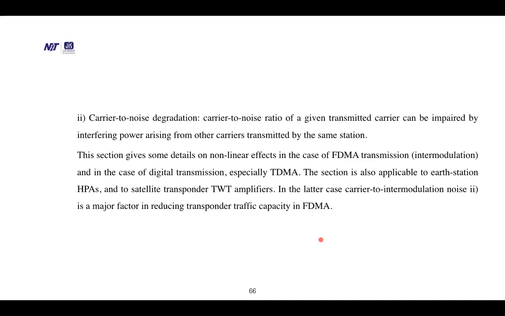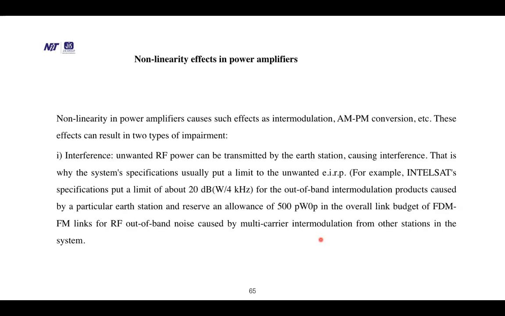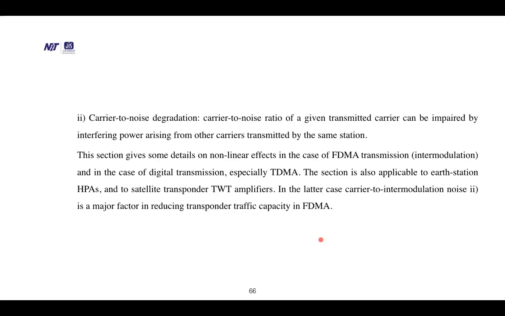Carrier to noise ratio should be as high as possible so that noise can be taken away very easily. Otherwise, a lot of problems will be there, and intermodulation I have also told you just earlier, because these are the interference that high frequency is characterized by.